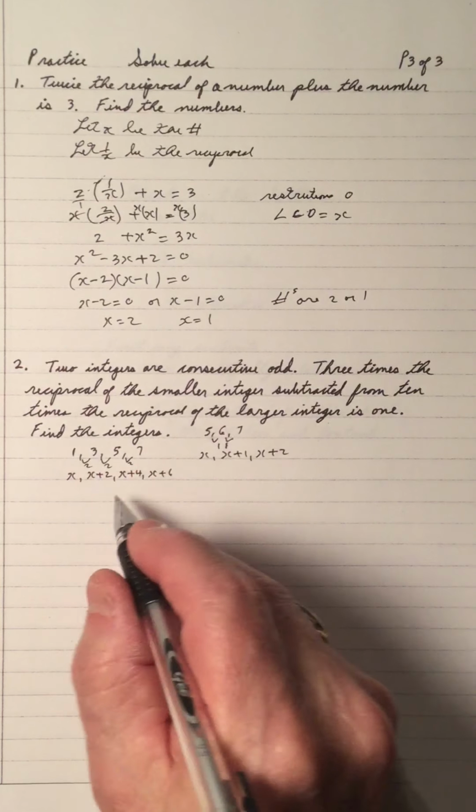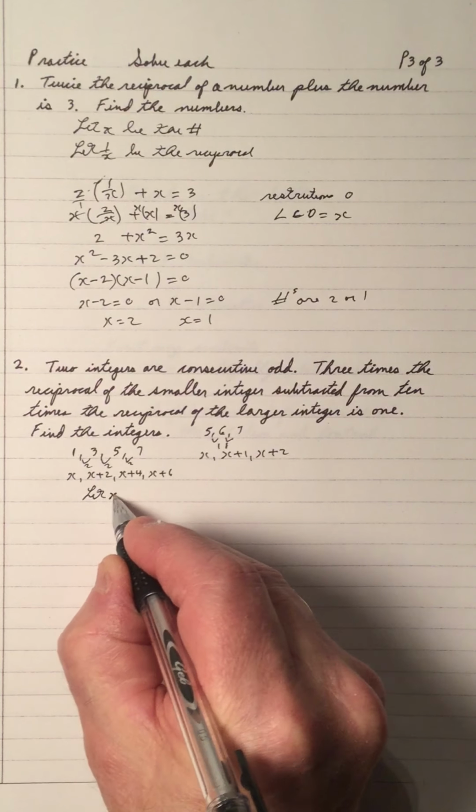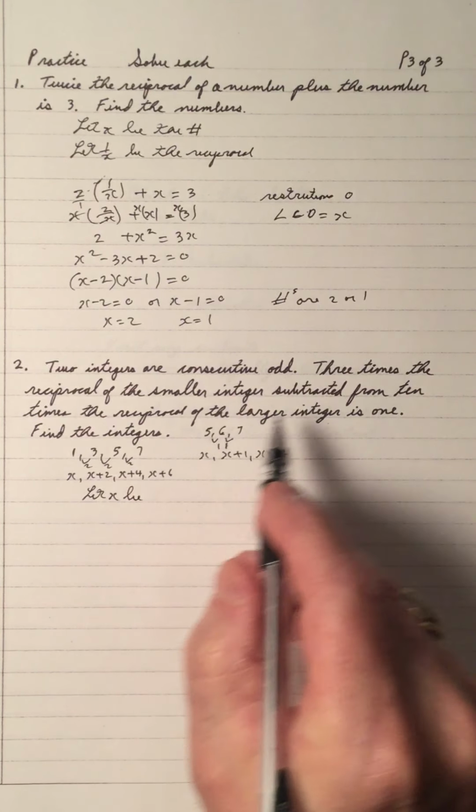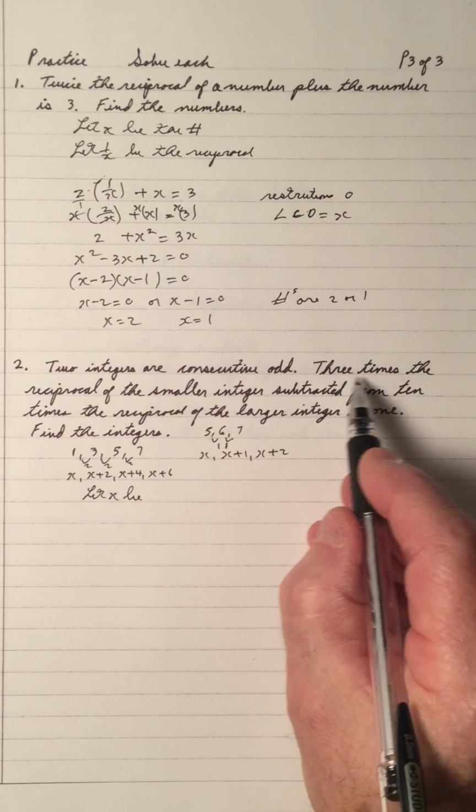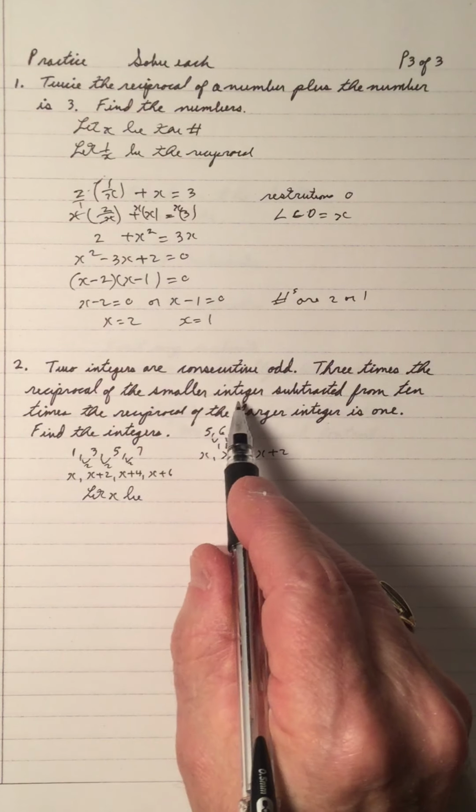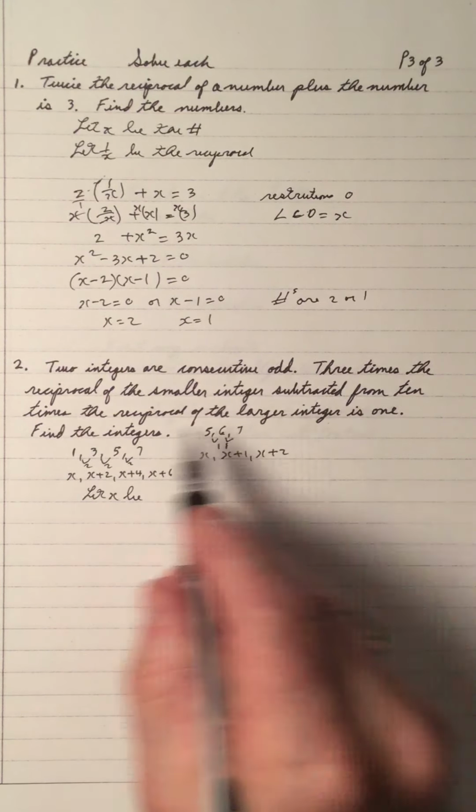So we have 2 consecutive odds. So I let x be. Well, let's read the problem. 3 times the reciprocal of the smaller integer subtracted from 10 times the reciprocal of the larger integer is 1. So since we have the consecutive odd integers, which are x and x plus 2, the smaller one, let x be the smaller integer.